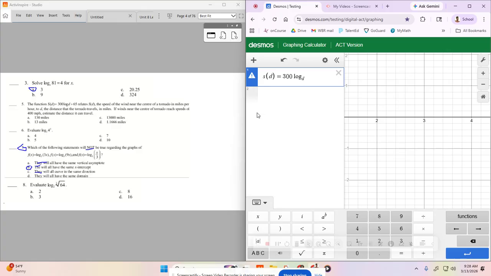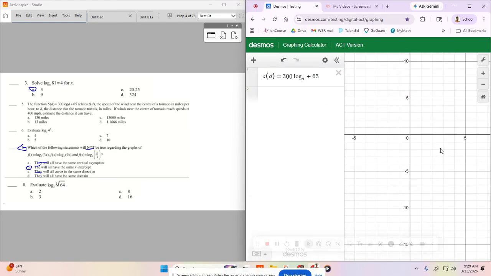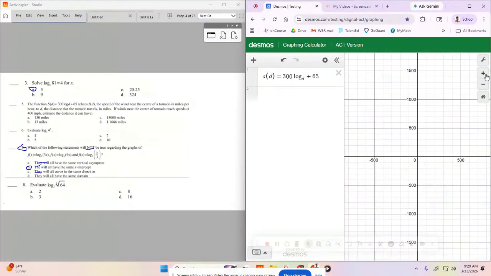And now I am allowed to use d's whenever it's a function like this. Plus 65, where is this at? I don't even see it on the graph.